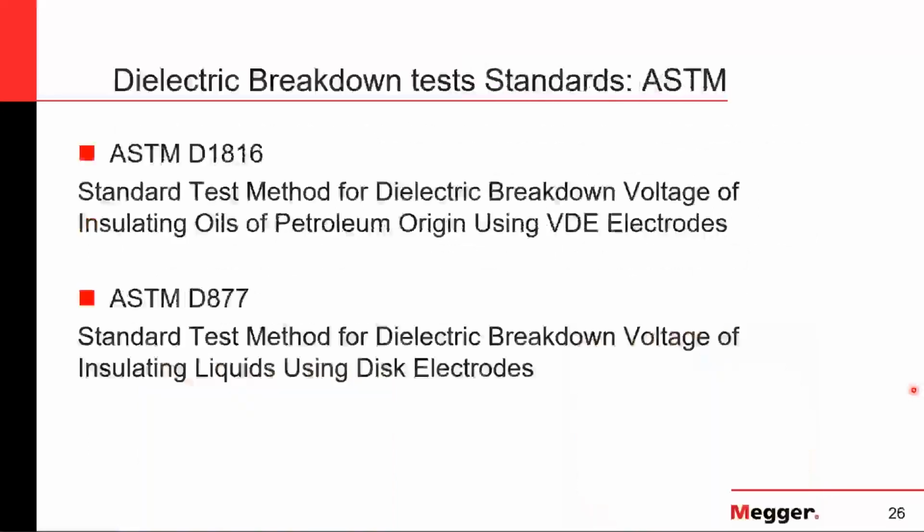The first evident difference, as you can see in the table, is the shape of the electrodes. For ASTM D877, the electrodes are round, flat discs with sharp edges, as you can see in the picture I'm pointing at.